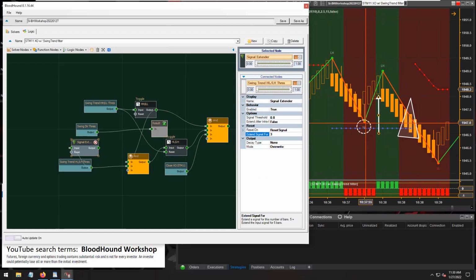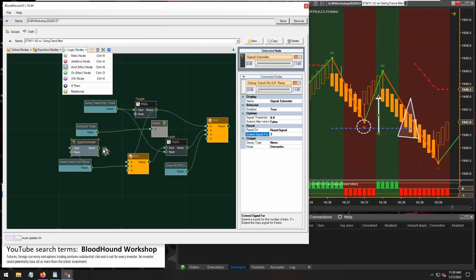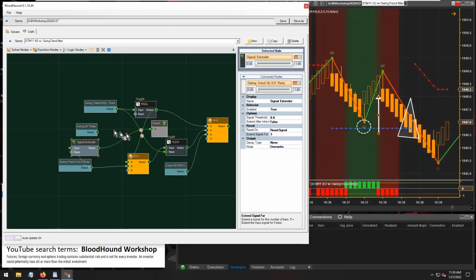So we need to go from the last high point forward 3 bars until the upswing is locked in. So let's take a look here. Yeah, there we go.